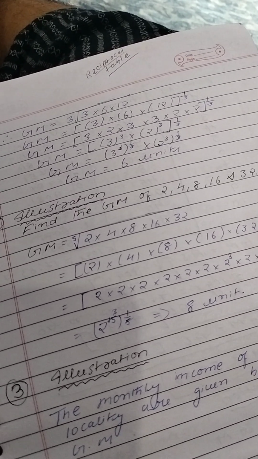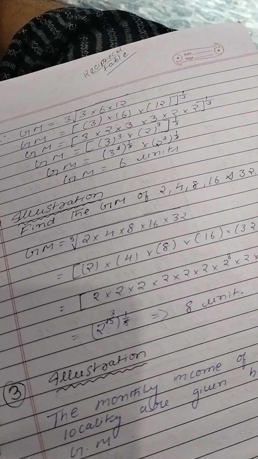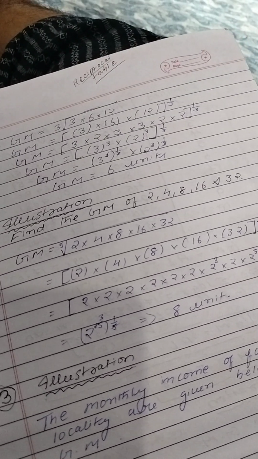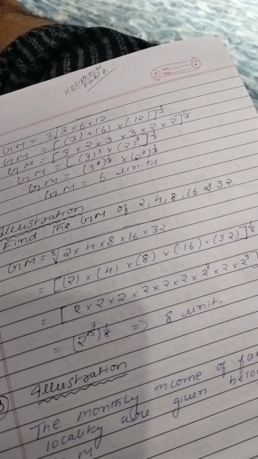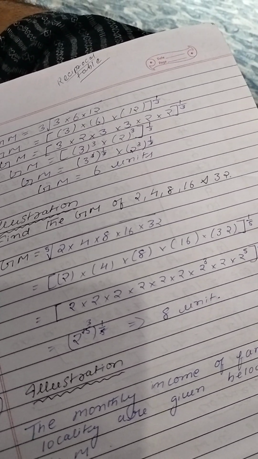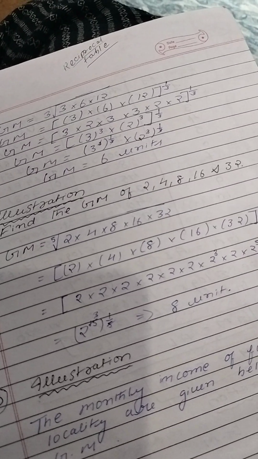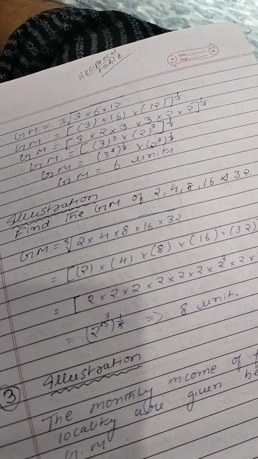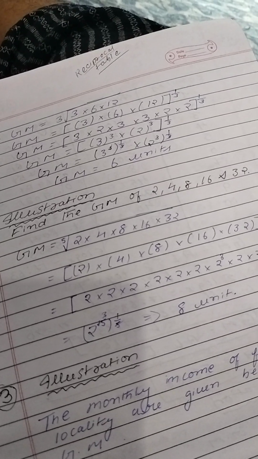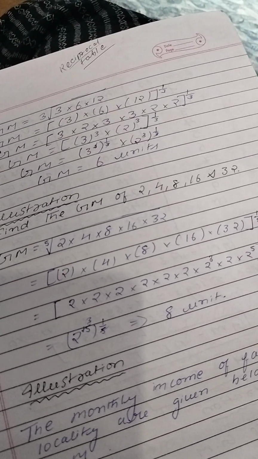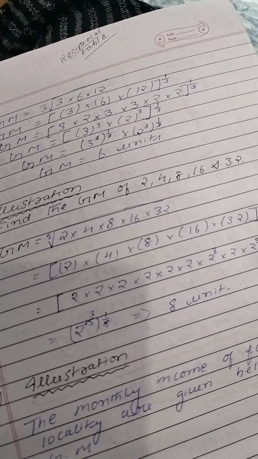So 3 is there, then break the 6, which is 2 into 3, and 12 is 3 into 2 into 2. Okay, so this is the question. Then we take the common: 3 power 3 and 2 power 3. After that, 1 by 3 is the outer power, so the power 3 will be cut.